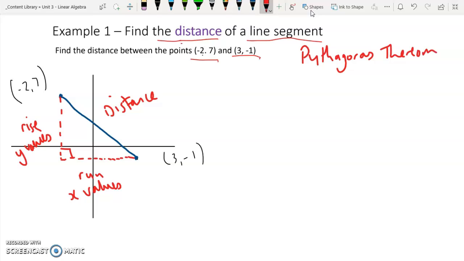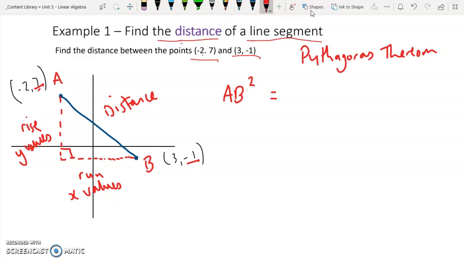In this case, the difference between the y values goes from 7 to -1. So we're going to get our distance squared, let's call it AB. AB squared is equal to the rise squared.